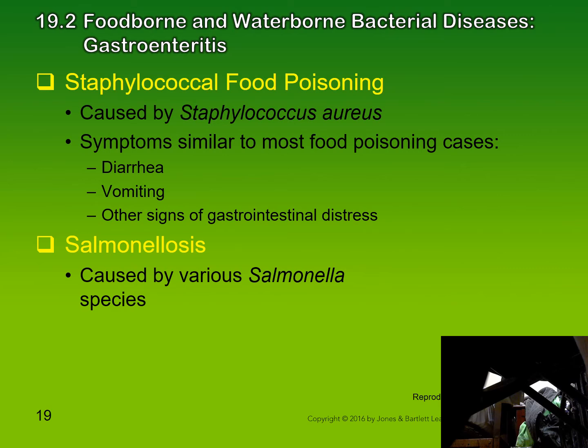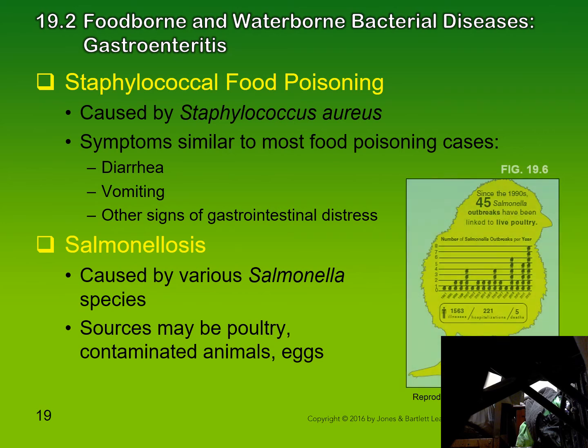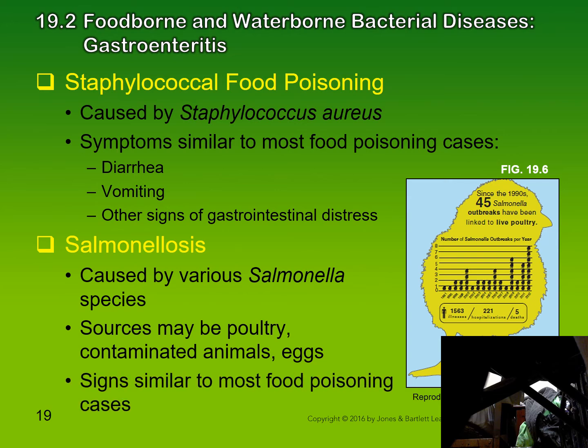Salmonella, caused by Salmonella species, and the sources are mainly poultry, contaminated animals, and eggs. Okay. And again, symptoms of salmonellosis are very similar to most other kinds of food poisoning.